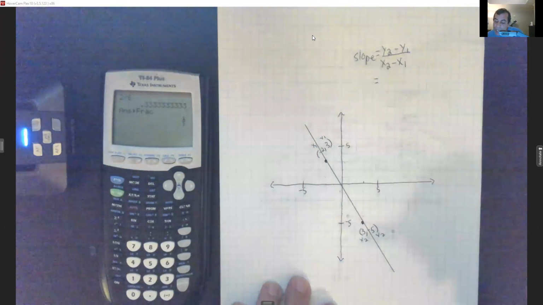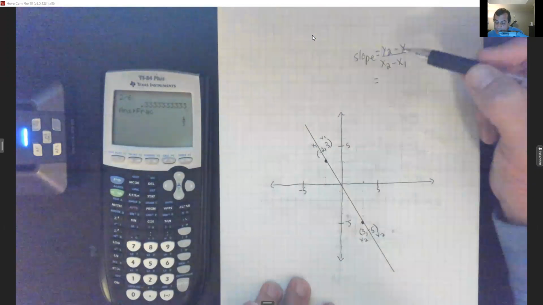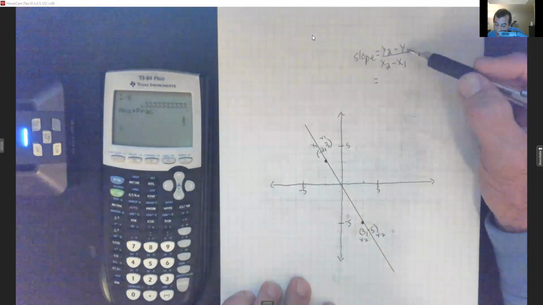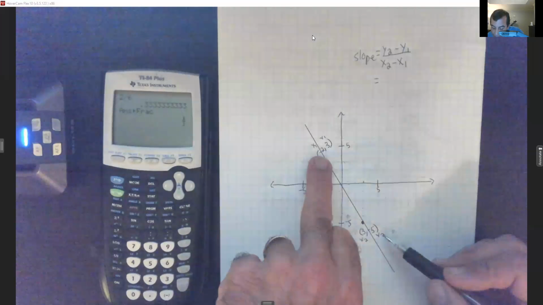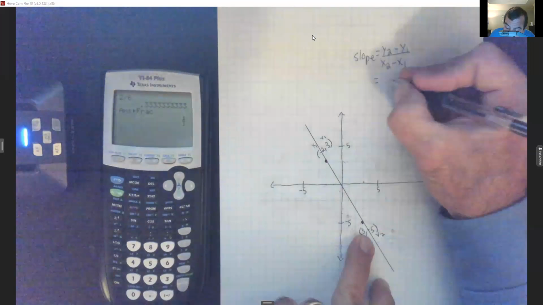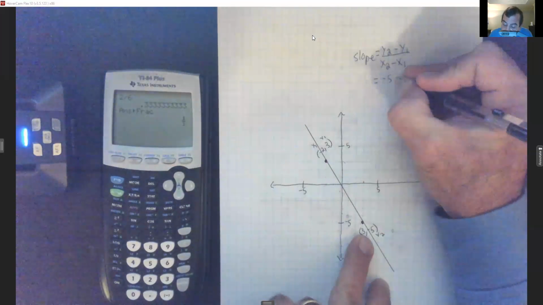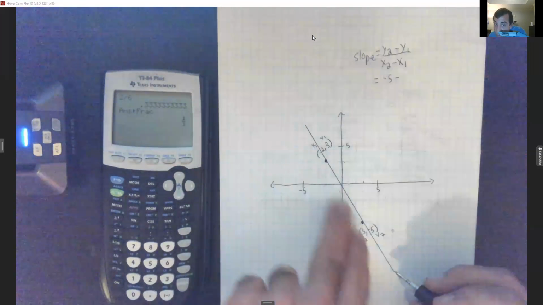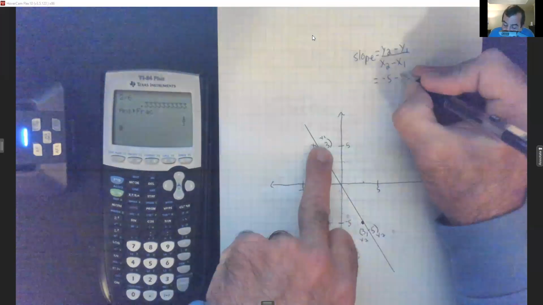So what we're going to do now is just plug in our numbers, okay? And I wanted y'all to watch this one because first I'm going to put my y2, which was -5, minus my y1, which is a 3. That's going to be on the top.